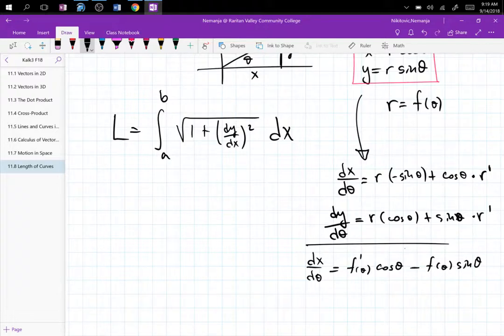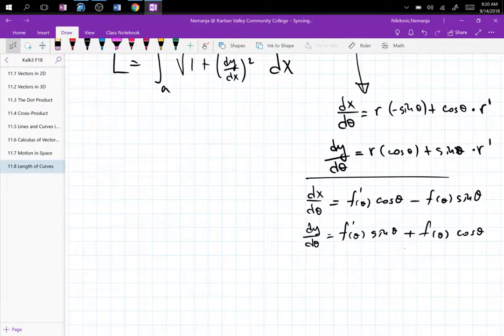So I replaced my r's with f of theta, and then I also put the cosine term first because it was positive. Now, to keep consistent with f prime first, I'm also going to swap the terms from the bottom equation. So I'm going to leave with f prime theta sine theta plus f theta cosine theta.